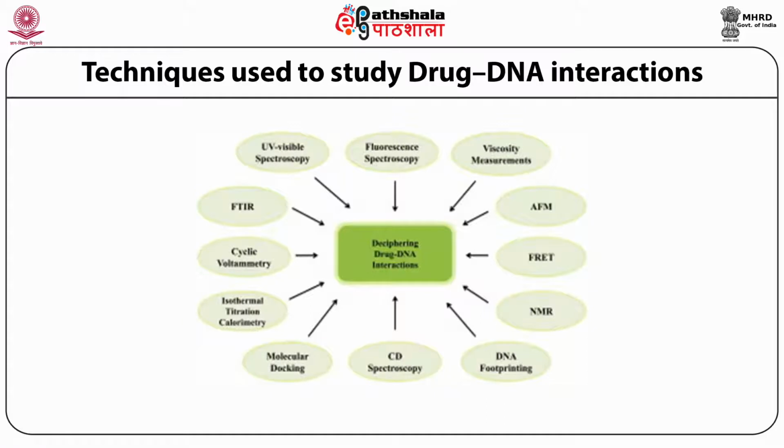Although I am not going into detail of each technique, you can see fluorescence spectroscopy, UV visible spectroscopy, viscosity measurements, atomic force microscopy, fluorescence resonance energy transfer, nuclear magnetic resonance, DNA footprinting, CD spectroscopy, molecular docking, isothermal titration calorimetry, cyclic voltammetry, and Fourier transform IR spectroscopy. These techniques are used to estimate the affinity of the drug and the stoichiometry of drug binding to DNA.